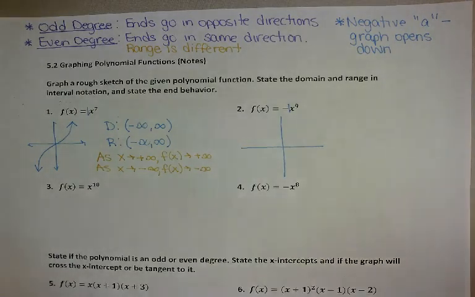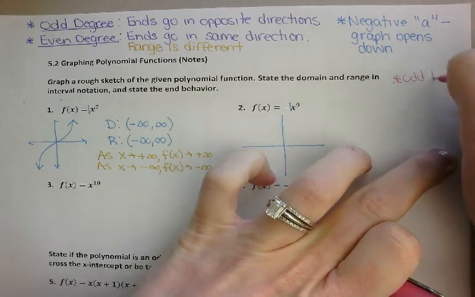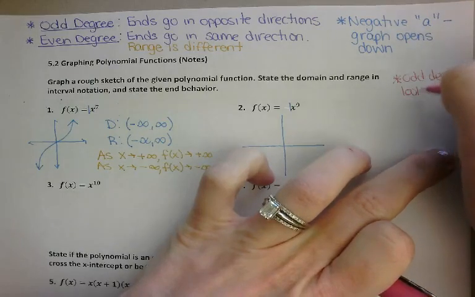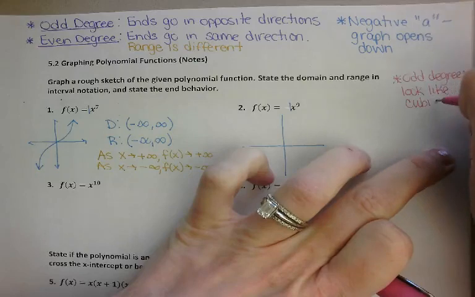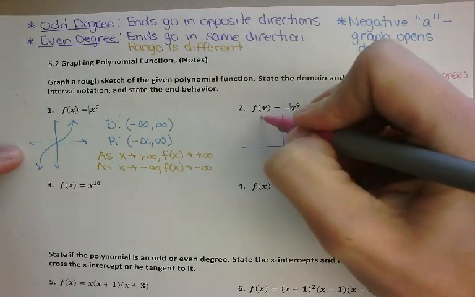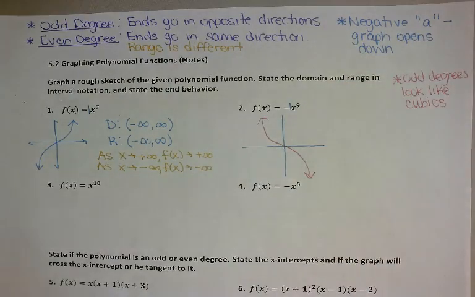Okay, so odd degrees look like cubics. And this is just for the parent functions. So it's going to go down, and the ends are going in opposite directions.